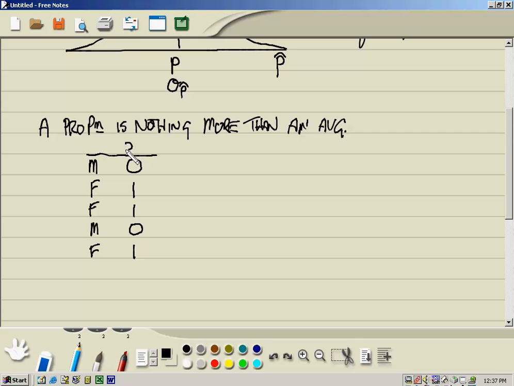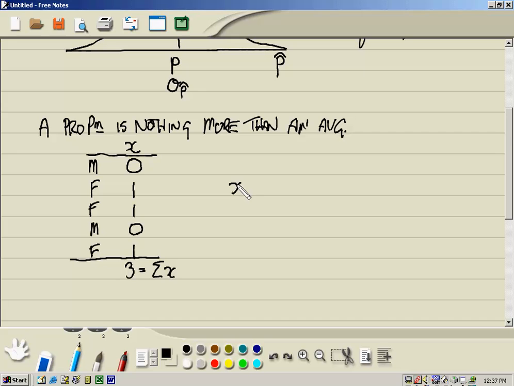And you can think of these zeros and ones as x's. And so you add up the x's and you get the number 3. In our old notation, that's sigma x.